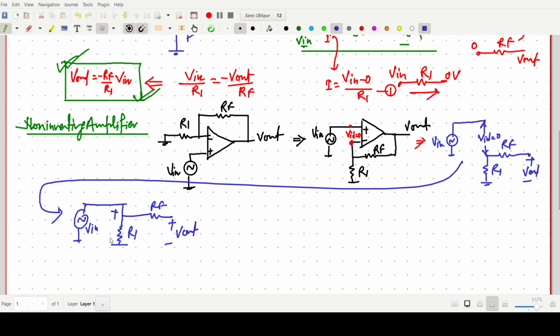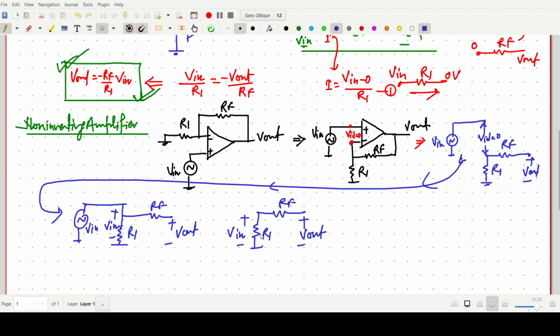So the voltage across this resistance is more or less V in, same as this one. Is it okay? From this figure. Now one can also modify this one: RF, R1, and this value is nothing but simply V output, and the resistance R1 has an input voltage of V in, because this one is 0, so this voltage appears across R1.